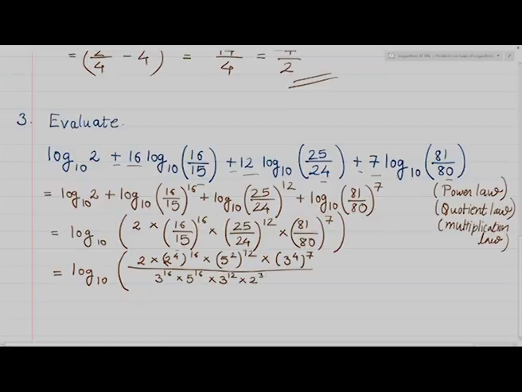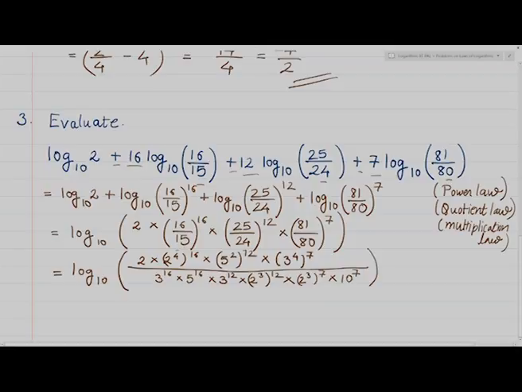2 raised to 3 into 12, raised to 12, 3 raised to 12 into 2 raised to 3 into 12, into 2 raised to 3 into 7, into 10 raised to 7.